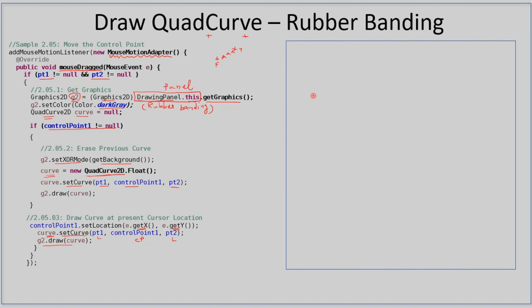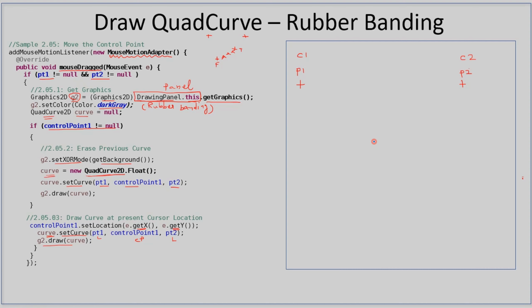To explain it clearly, let's say point 1 was registered using mouse click 1, then point 2 defined during mouse click 2, then the third time we can click the control point.